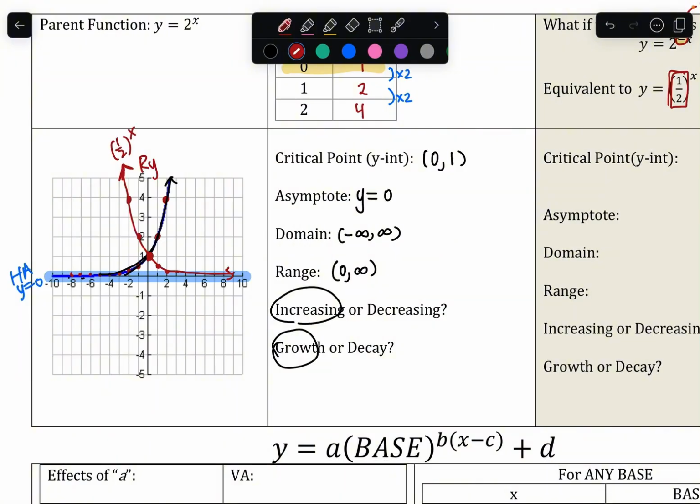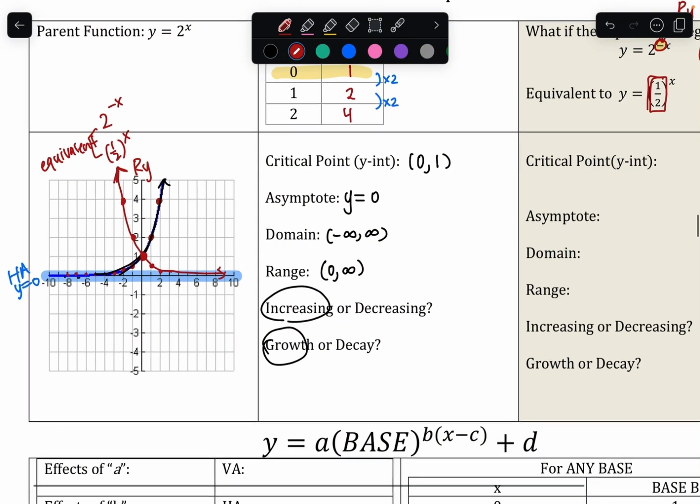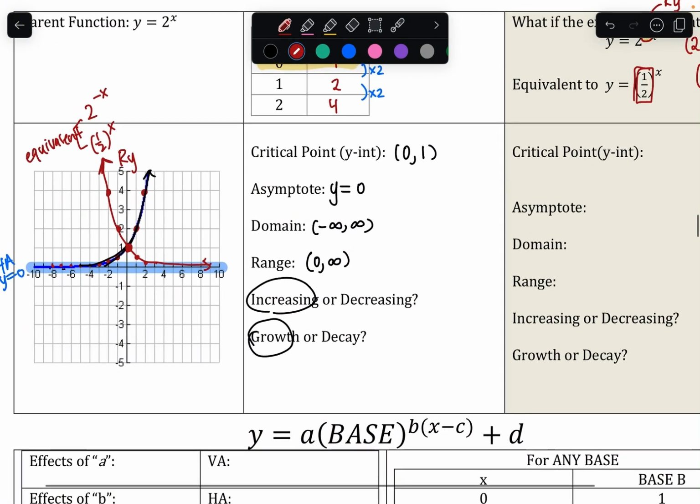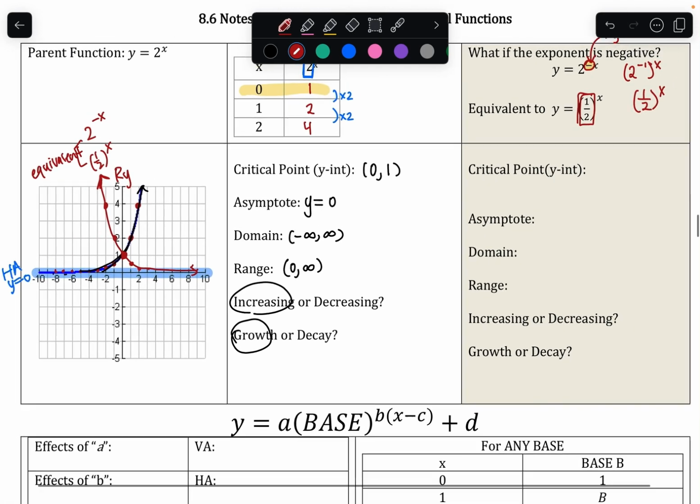And so 1/2 to the x and 2 to the negative x are equivalent. Okay, and so that's going to be an important concept. When you see a negative exponent, you can change your base by just flipping it to the reciprocal.